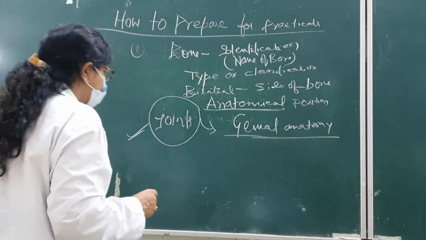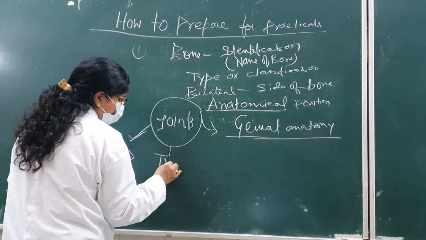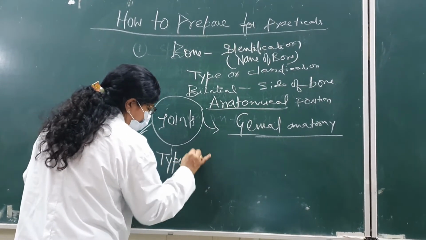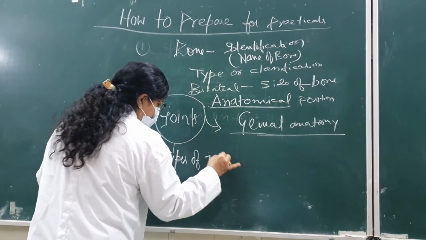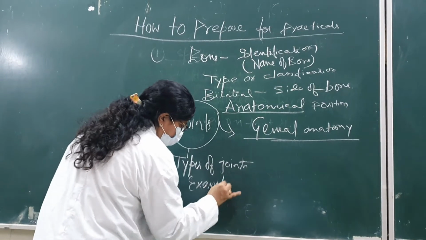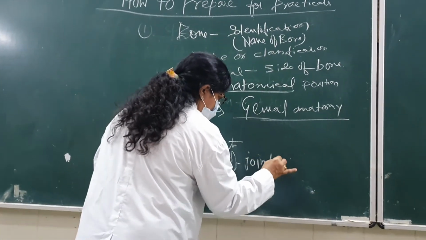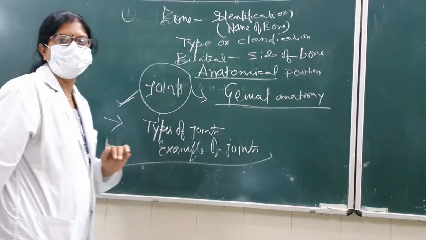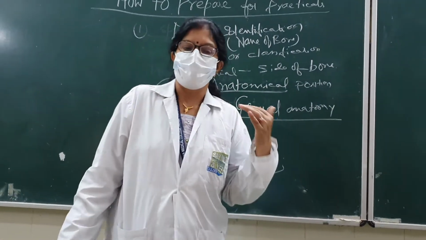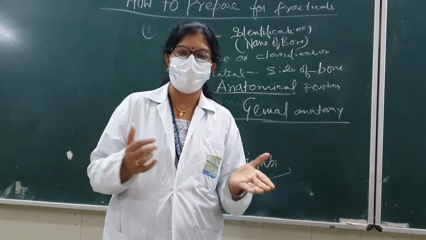After that, what other things? In joints: types of joints, examples of joints, then how they are uniaxial, biaxial or triaxial.